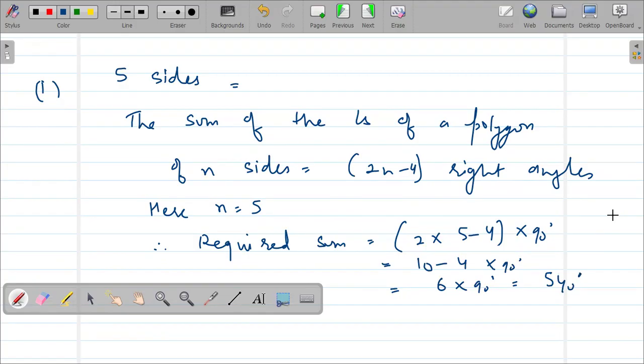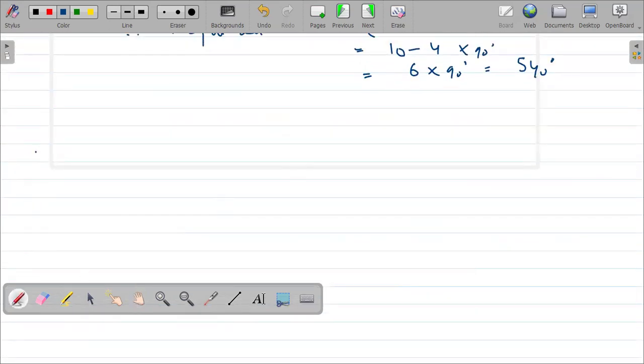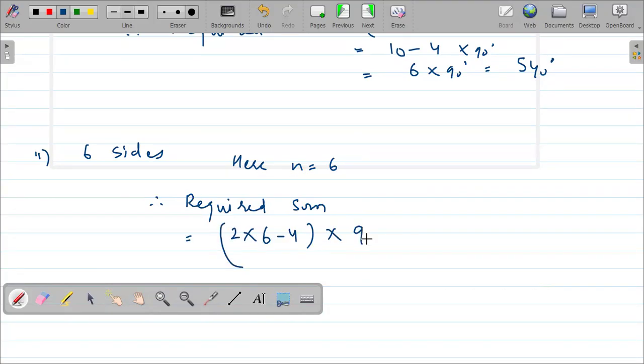Let's move further. Second, 6 sides. What would be the sum of the angles of a polygon which has 6 sides? For 6 sides, the same formula will be used. We will write here n equal to 6. Therefore the required sum would be 2 into 6 minus 4 into 90 degrees.